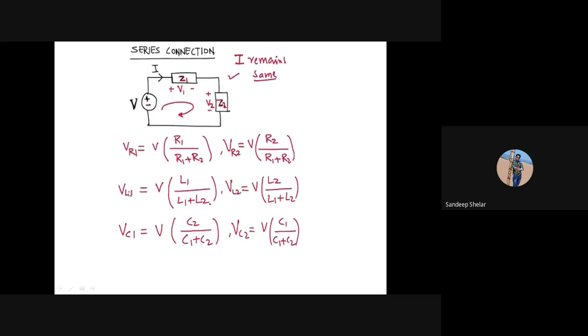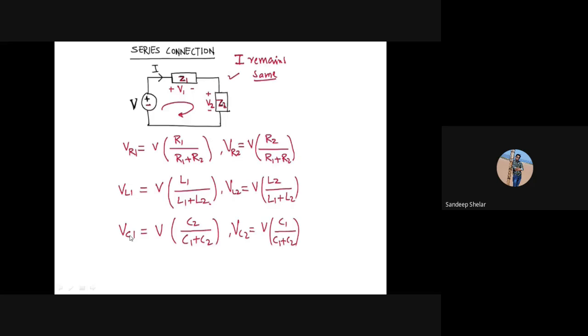Then VL1, that is voltage across inductance L1, is V into bracket L1 upon L1 plus L2. Then also find out the voltage across inductance L2. VL2 is equal to V into bracket L2 upon L1 plus L2.